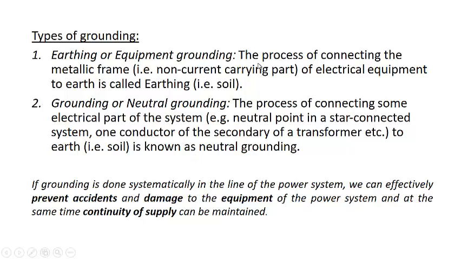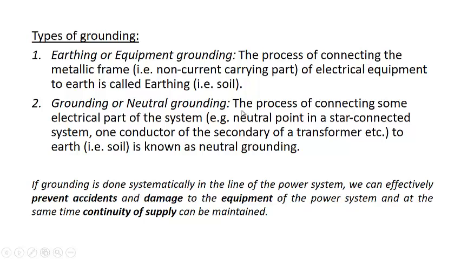In this case, the process of connecting the metallic frame of electrical equipment, the non-current carrying part which does not carry current, to earth is called earthing. Earth means the soil. So we connect the equipment frame or casing to the earth, the soil. In this case, there is no live part connected to the ground.